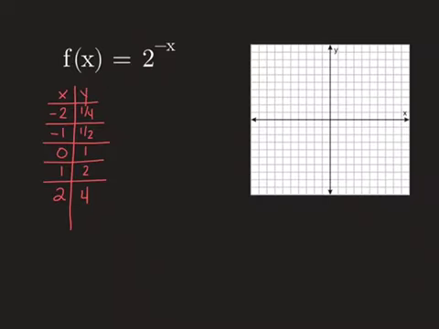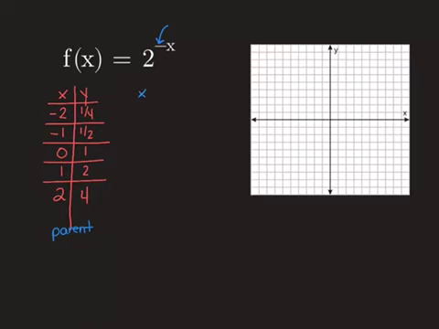Okay, so the next one, I want to show you something that we haven't quite seen yet, and this is a negative in front of our x here in the exponent spot. So again, this table represents our parent function. So same points we've been using all along. But let's look at what happens to our y values when we have a negative x.